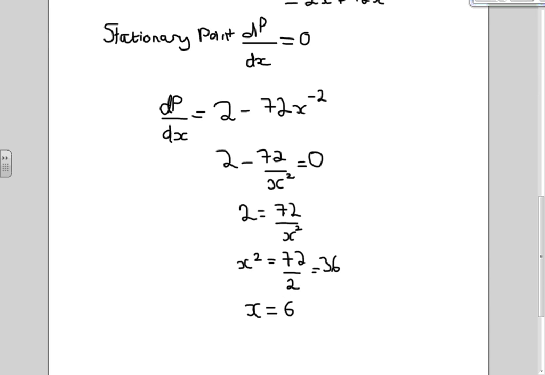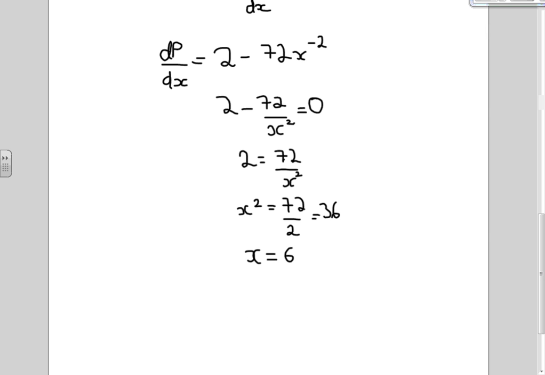So we need to find out if this is a maximum or a minimum point in the curve which is described by the perimeter. So we can do that by doing d2p by dx squared. So we need to differentiate this term again. So the 2 disappears, and we're just left with 144x to the minus 3.